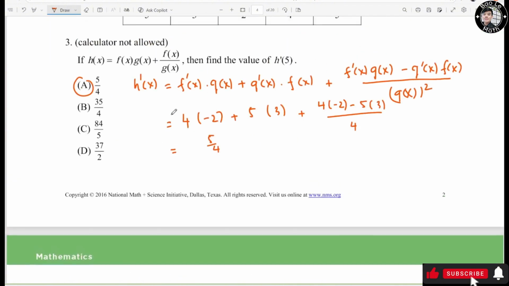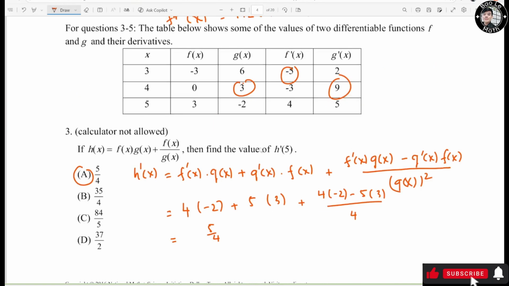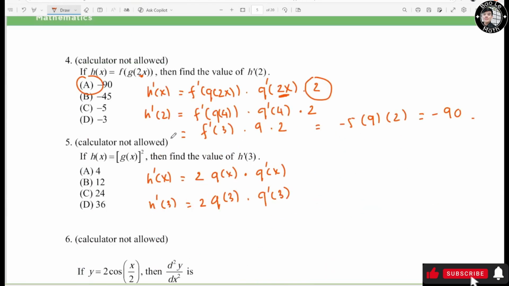Now we look at g of 3 and g prime of 3 is going to be right here. G of 3 is 6, g prime of 3 equals 2, right? So we have 2 times 6 times 2, right? So it's going to be 24, right? The answer must be C.